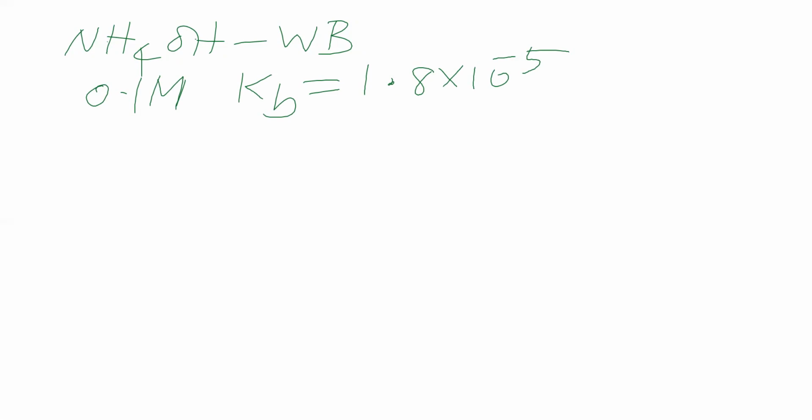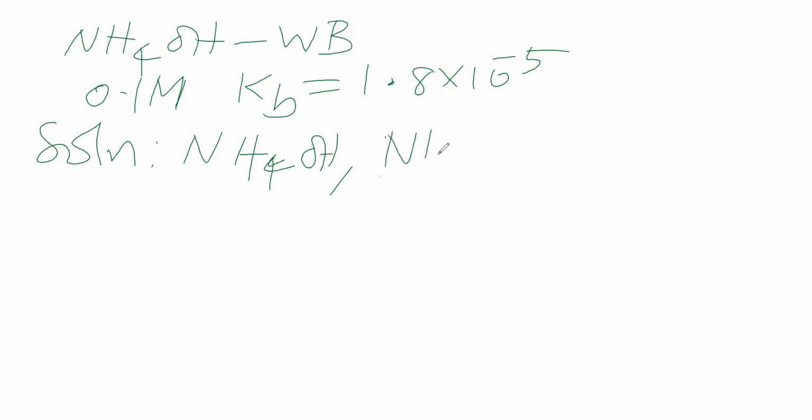In the ammonium hydroxide solution at equilibrium, undissociated ammonium hydroxide will be there, and dissociated ions, ammonium ions and hydroxide ions, will be there.